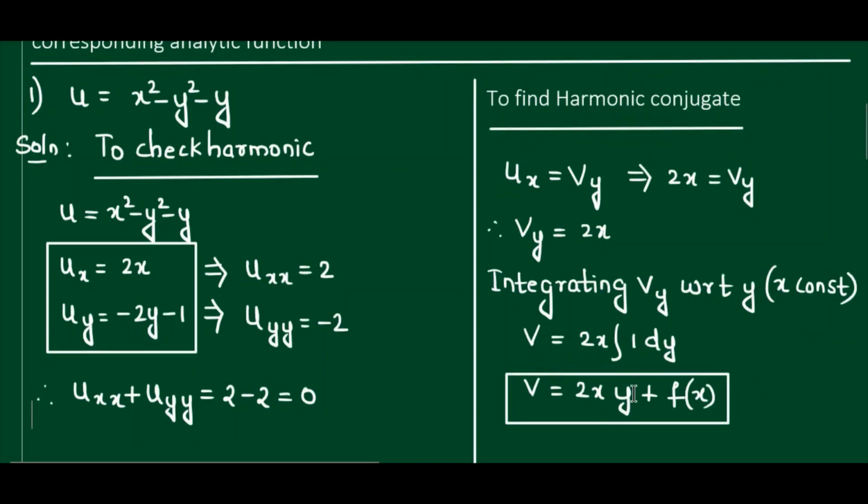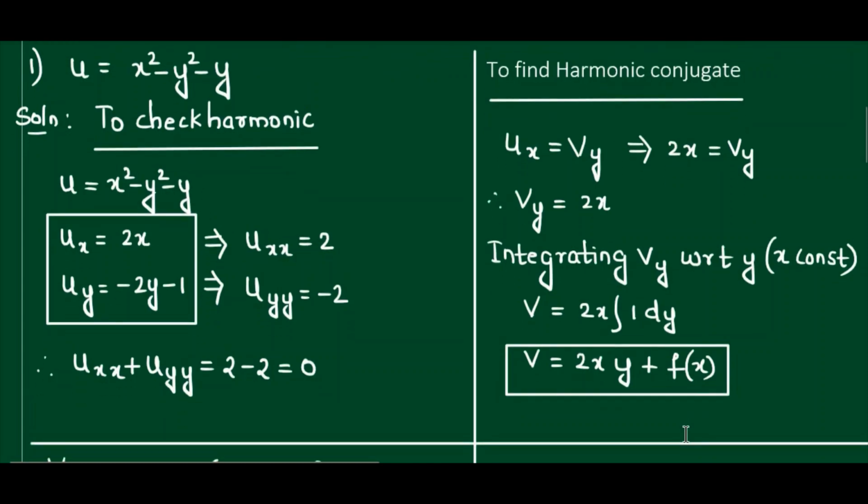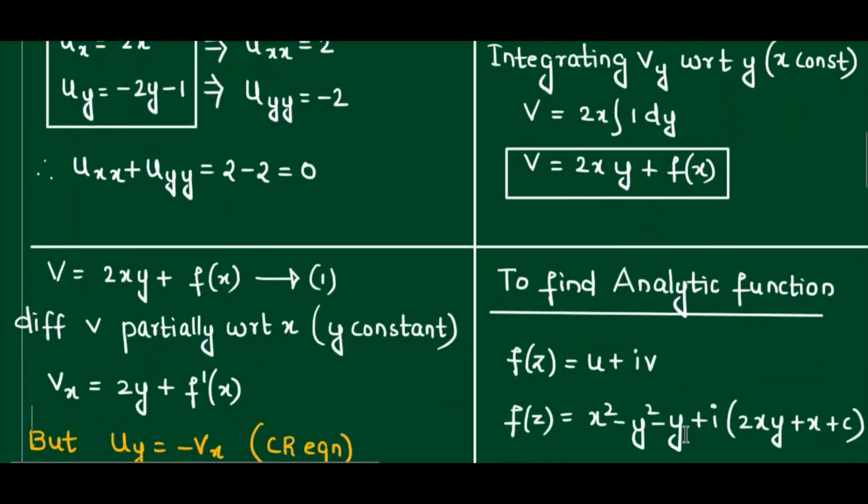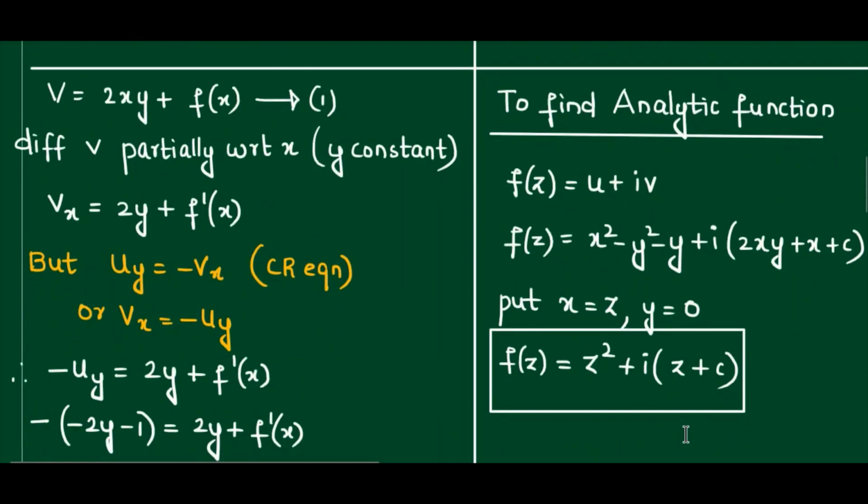Once you have obtained v, here f of x is unknown, therefore we are going to find out this unknown f of x. Still we haven't made use of the second CR equation. So call that as equation number 1 and differentiate equation 1 partially with respect to x, where y is a constant.